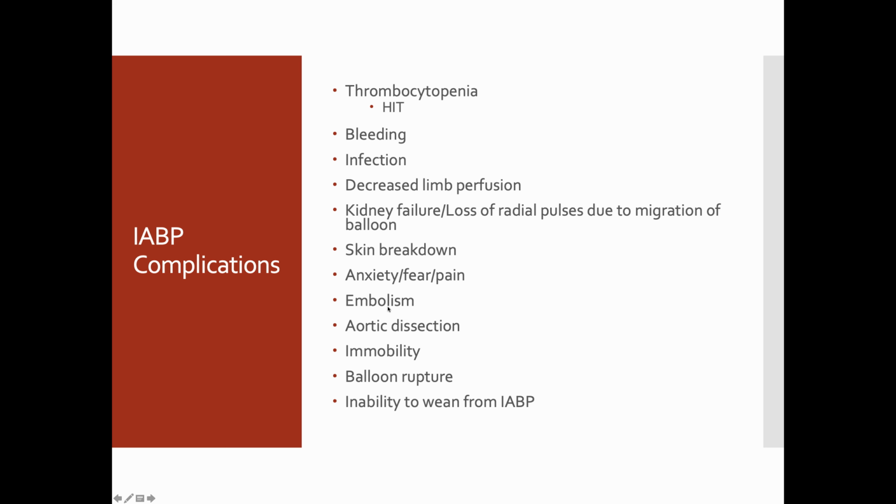So if there's clot that forms around this balloon or anywhere else, then that can embolize distally and cause problems. It's not unheard of that there's an aortic dissection that happens as a result of this. I've never seen it, but it is certainly a theoretical possibility.